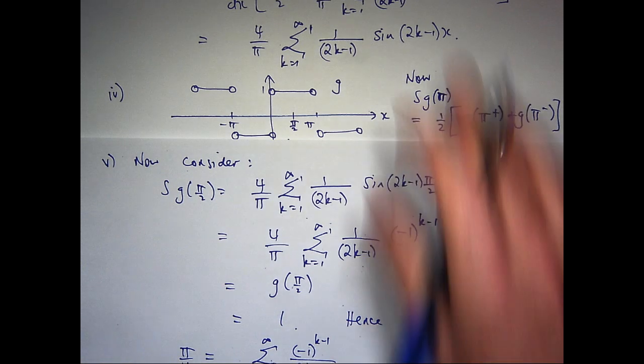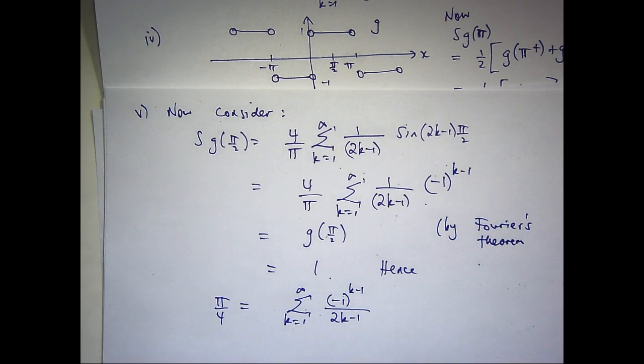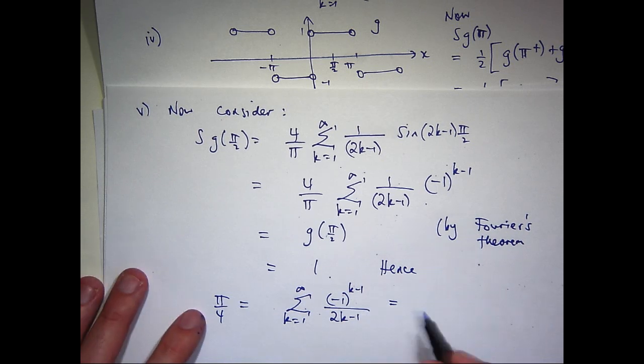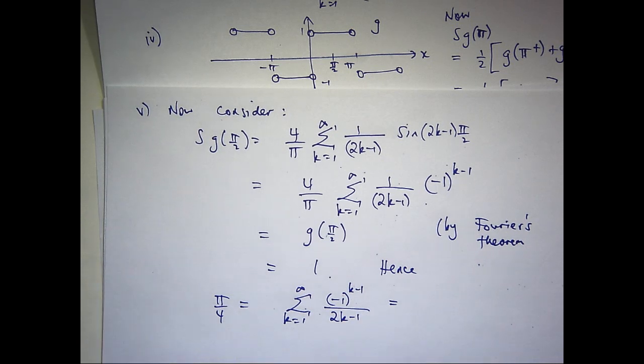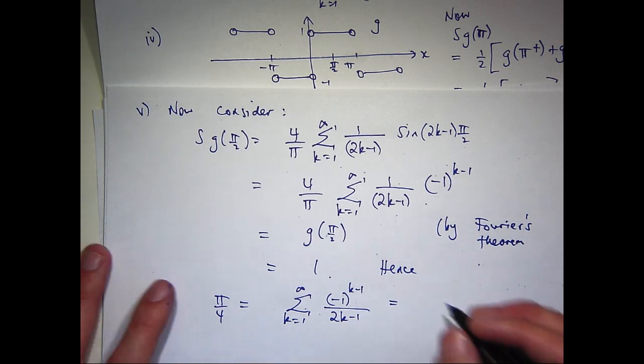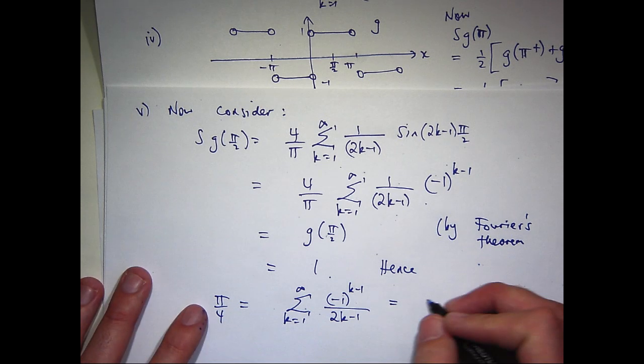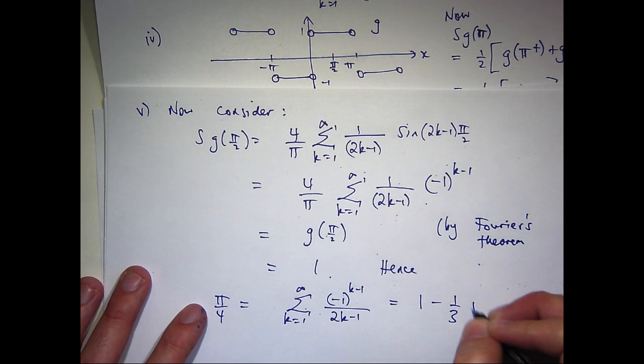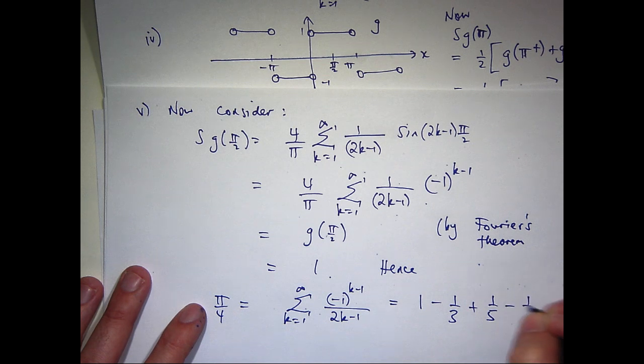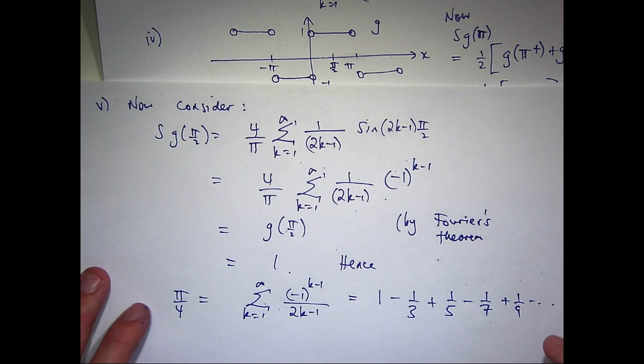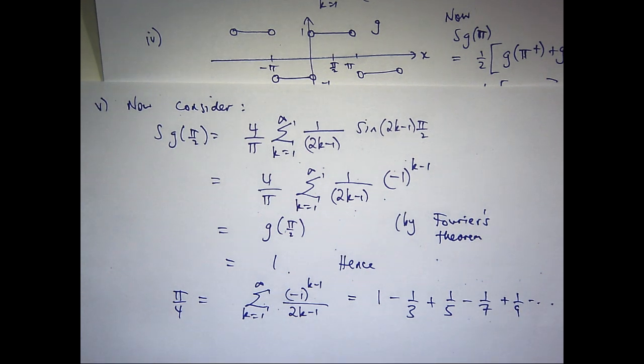And I get a special series known as Gregory's series, or it depends on what part of the world you come from. But just to write out a few terms of this series, we're going to get something like the following. Okay, so there is our series representation for pi on 4.